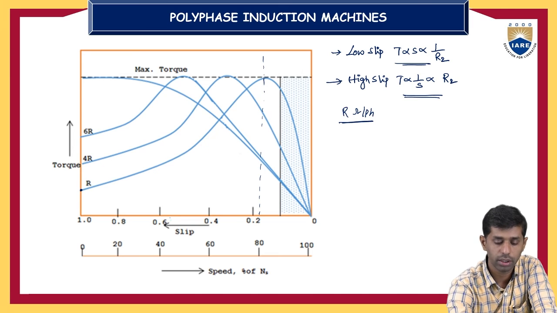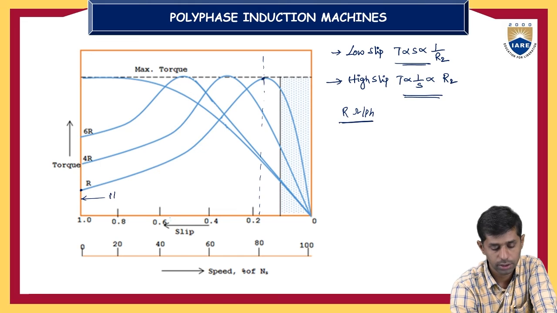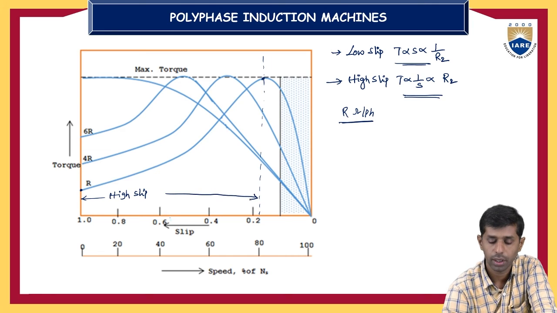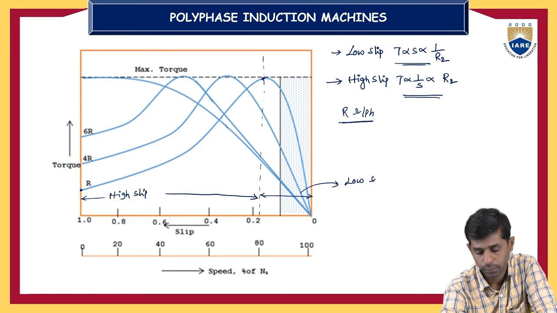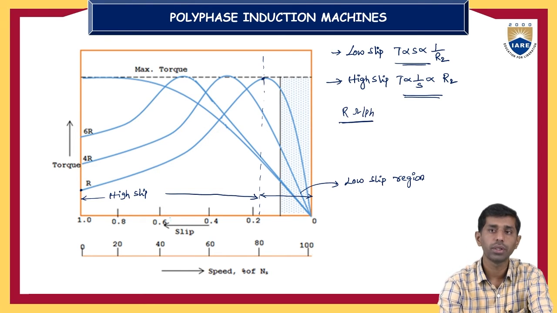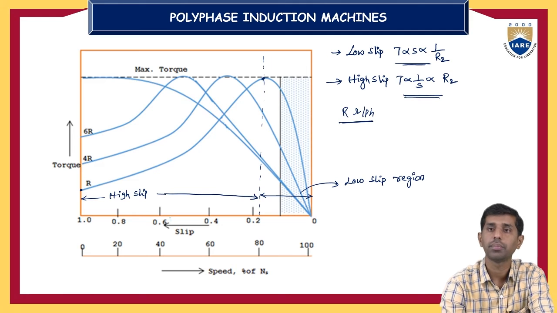From here to here, it is the high slip region, between these two, and this is the low slip region.